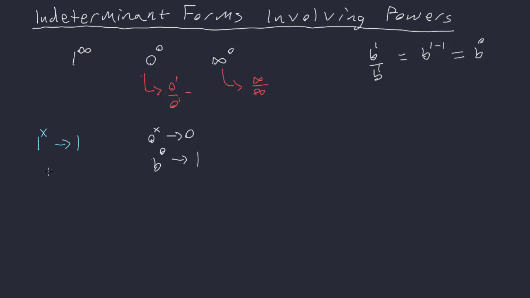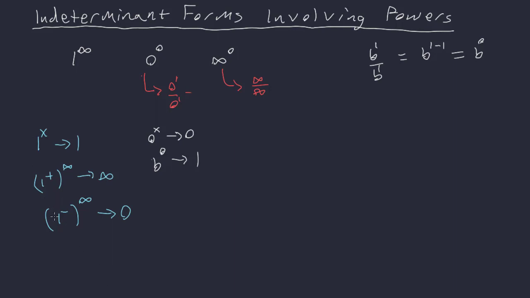However, anything a little greater than 1 to the infinity is going to go to infinity, if we're talking about the limit as, say, x goes to infinity. But anything a little less than 1 to the infinity is going to be 0.